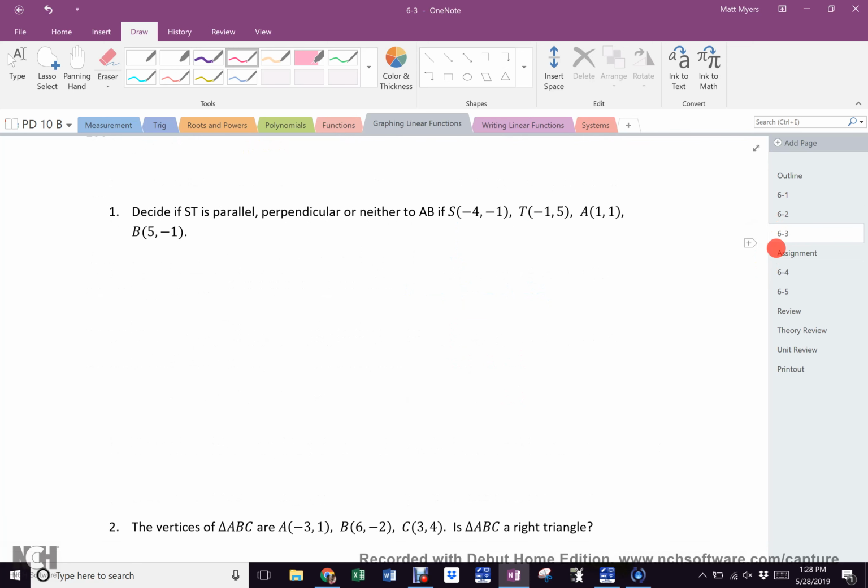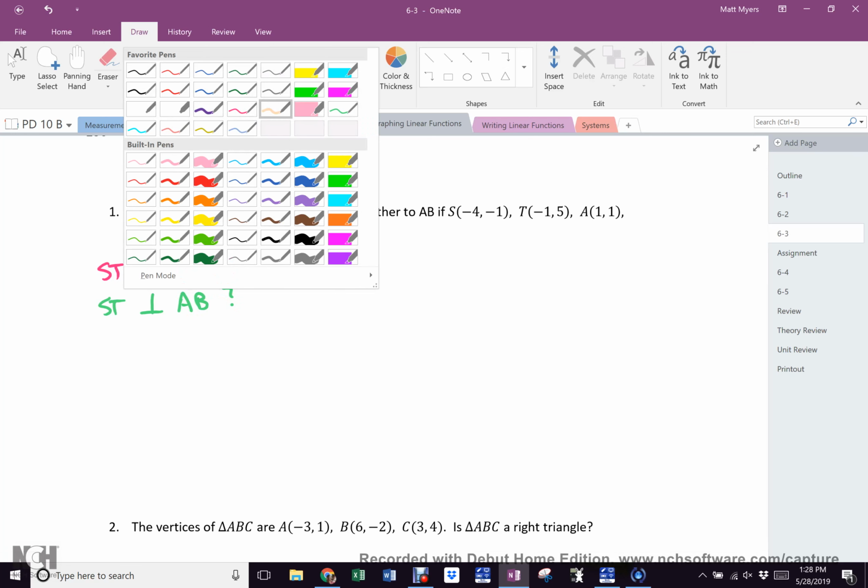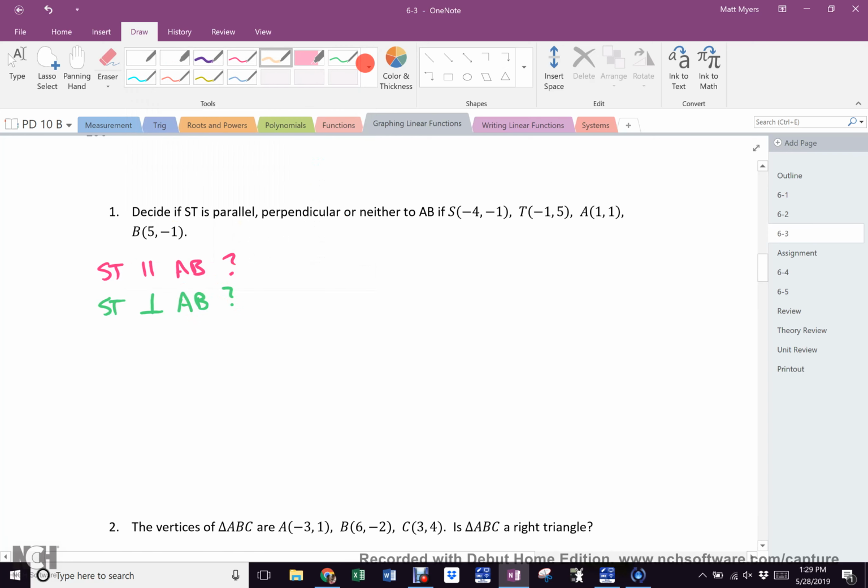All right. Number 1. Yeah, go Hazel. Is ST parallel to AB? Is ST perpendicular to AB? Or is ST nothing? Well, ST, the line that goes from point S to point T. How will I find out?